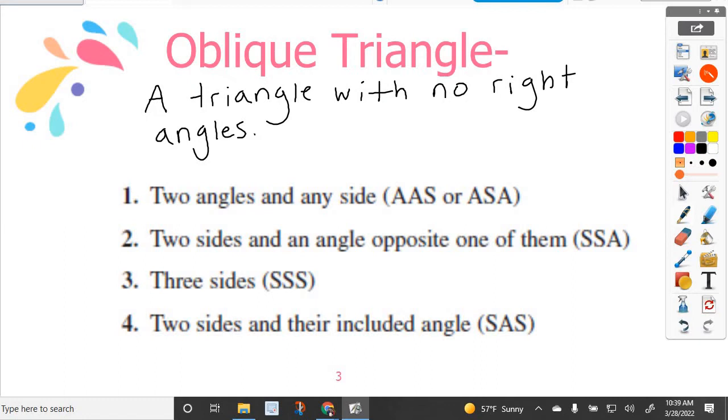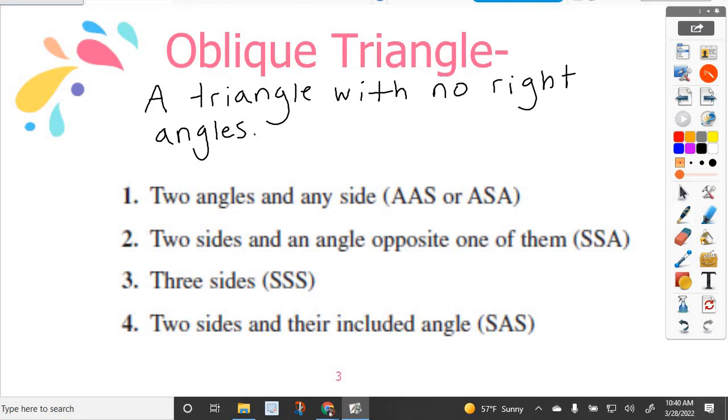Now, some of us might have seen the law of sines and law of cosines in our geometry classes. I know for a lot of people that was the thing you didn't get to. So I'm just going under the assumption that you've never seen this before. If it is a little bit of a repeat, that's all right. It's just a refresher. But I want to make sure we're all on the same page.